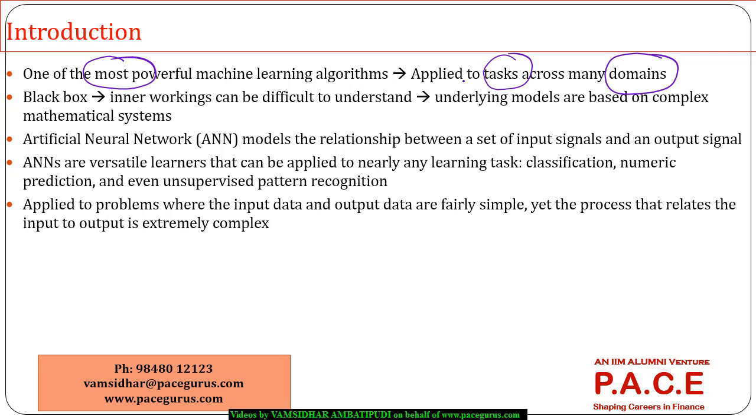So that's one of the main reasons I can really vote for neural networks as the most powerful kind of machine learning algorithm. But it's primarily a black box. It is very, very difficult for me to understand the way the model is getting constructed.